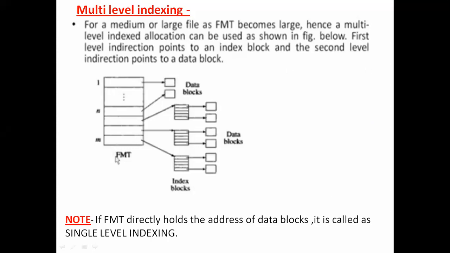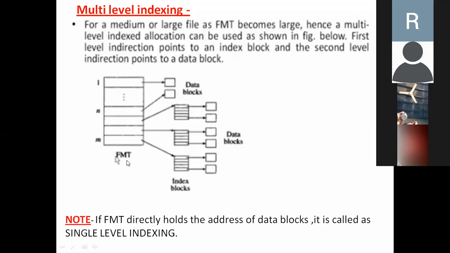For example, in the figure, you can see the file map table. This file map table, FMT, contains the addresses of the index blocks. As you can see here, these blocks are called index blocks, and the addresses of these index blocks will be held in the FMT table. I repeat, this FMT table contains the addresses of these index blocks.